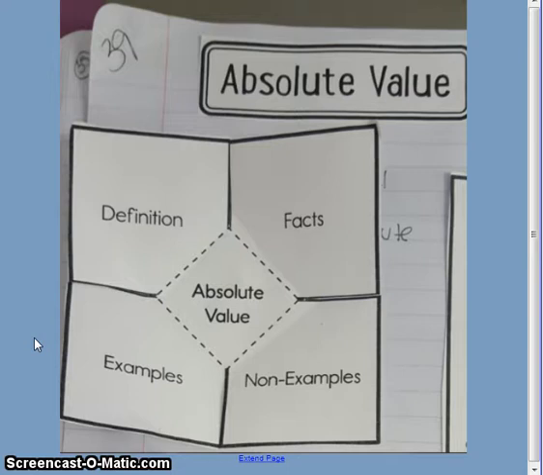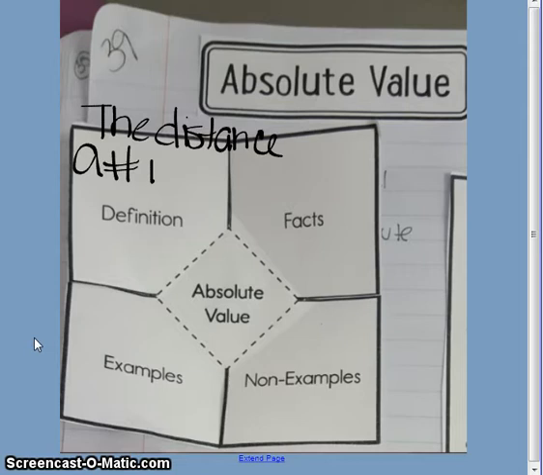For absolute value, the definition is the distance a number is from 0, just please make sure that you're actually listing it out.